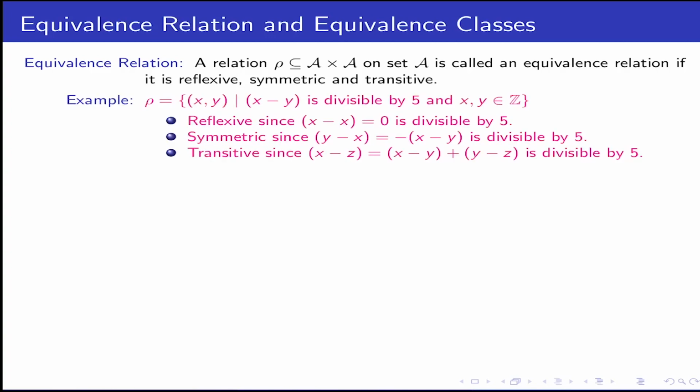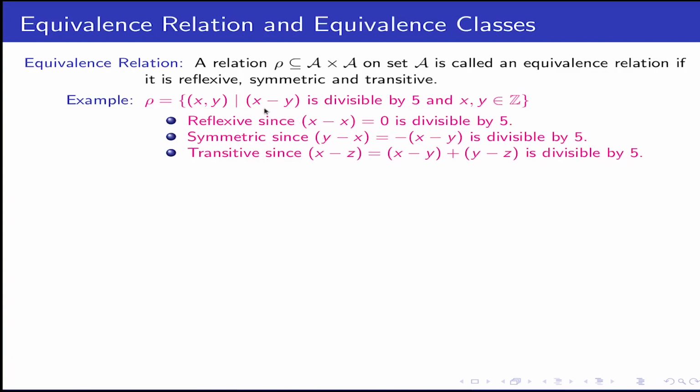Take an example. I build a pair of elements where I say that their difference is divisible by 5. When I say their difference is divisible by 5, you check all the properties here. Reflexive: x minus x is equal to 0, which is divisible by 5.